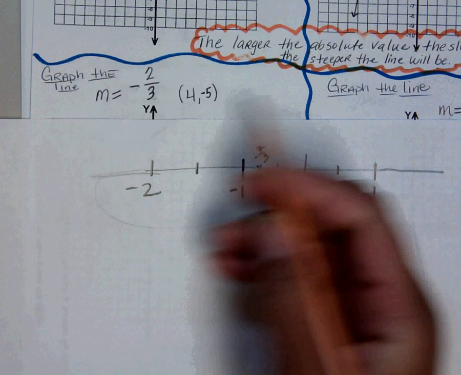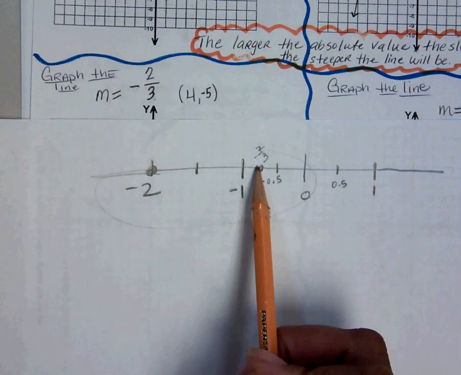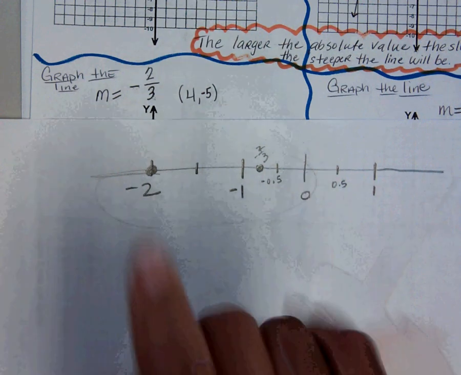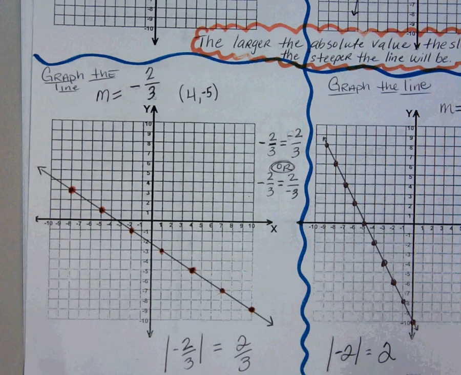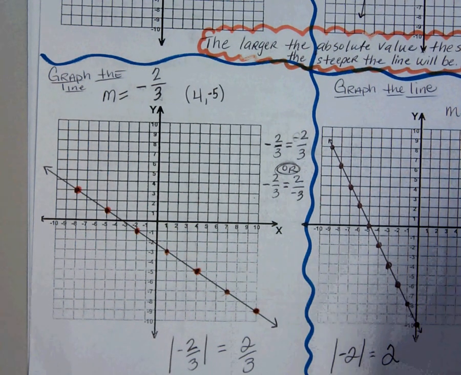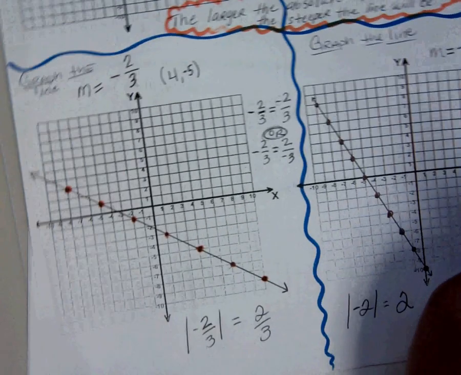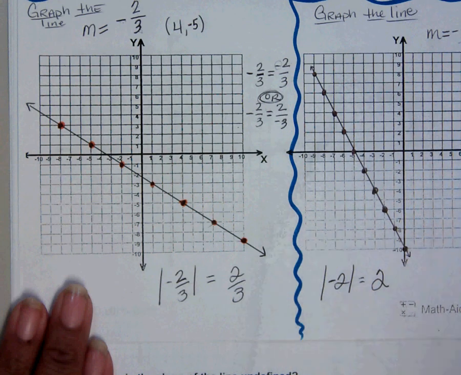Now let's look at -2, where here it is right here. The closer it is to 0, the bigger the number. So this is really the bigger number. But this is the scarier line. So how does that work? That's because the larger the absolute value of the number, the steeper the line.